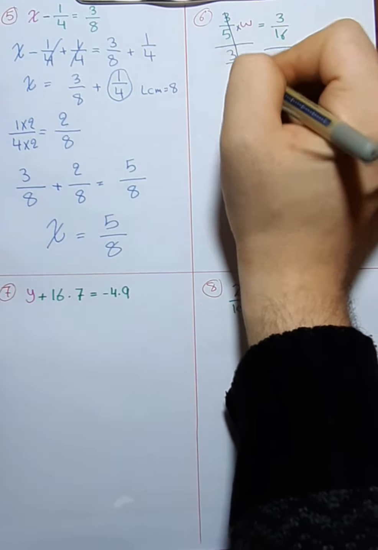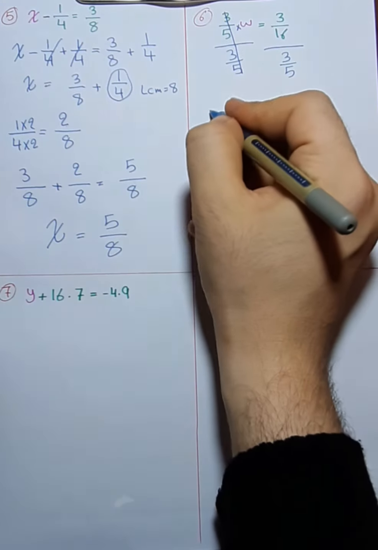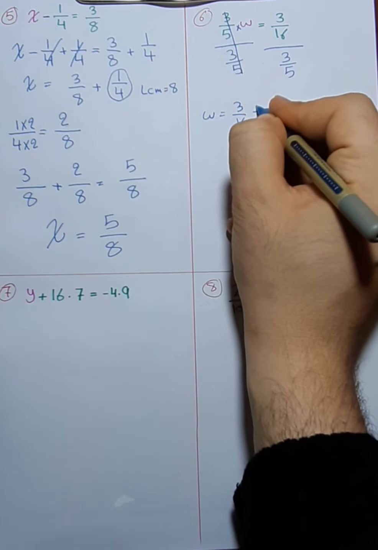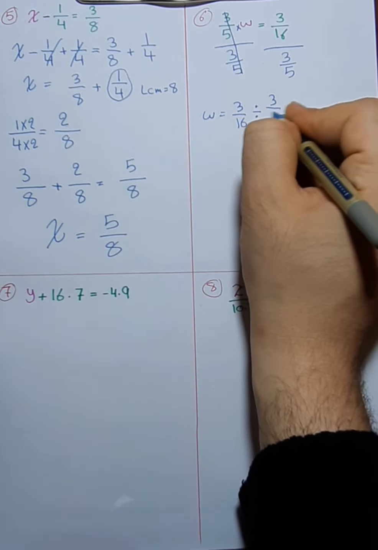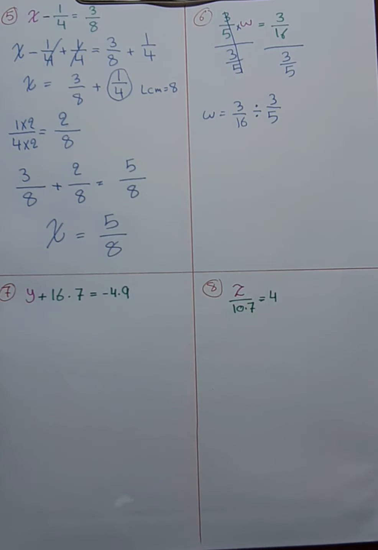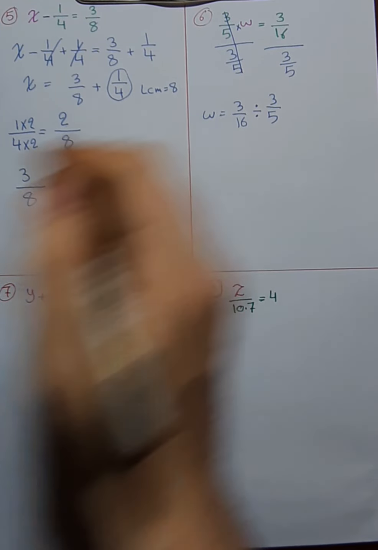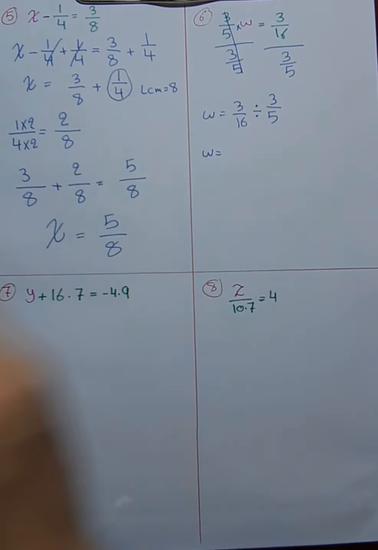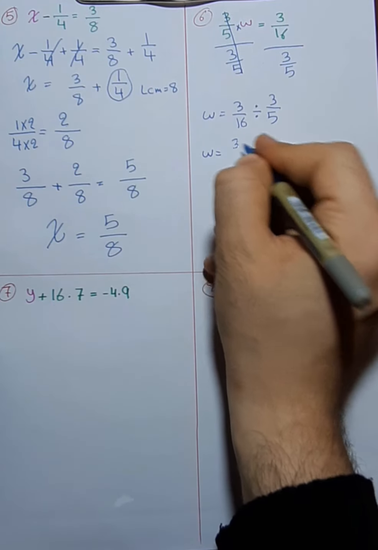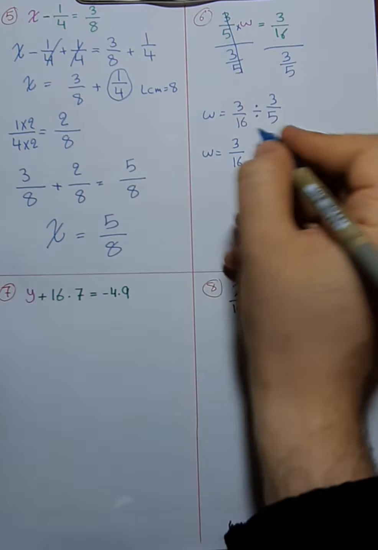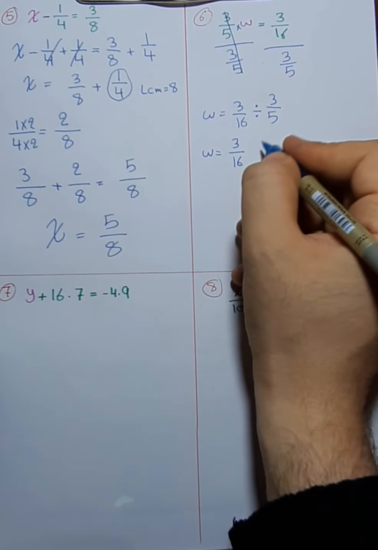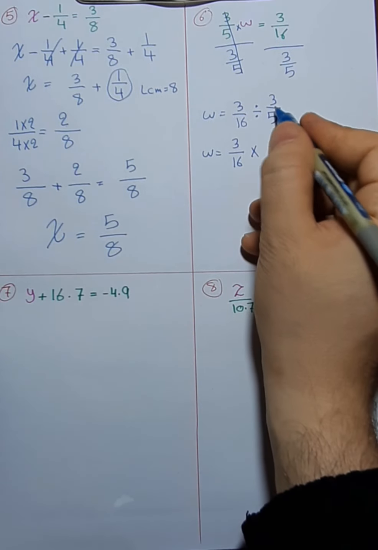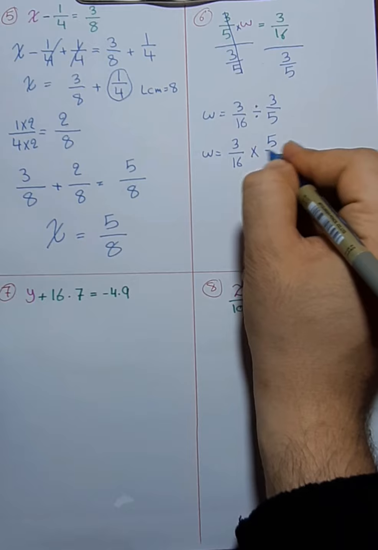These two fractions are reduced. W equal to 3 out of 16 divided by 3 out of 5. When we divide two fractions, we write the first fraction without changing, change divide to multiply, and write the reciprocal of the second fraction, 5 out of 3.